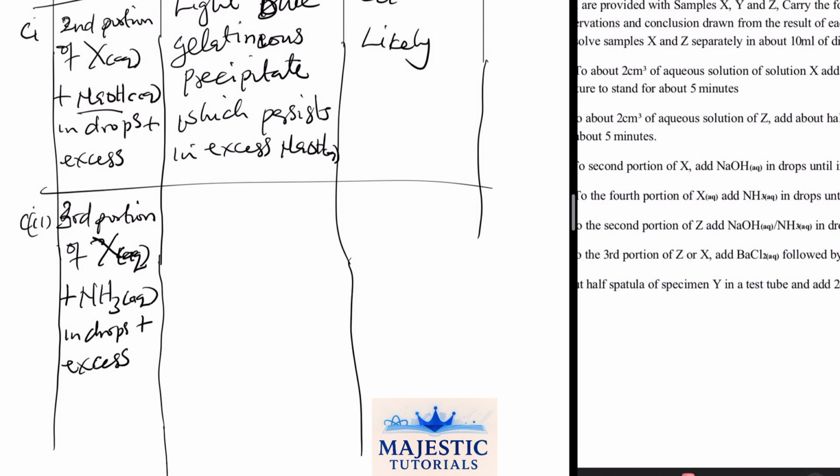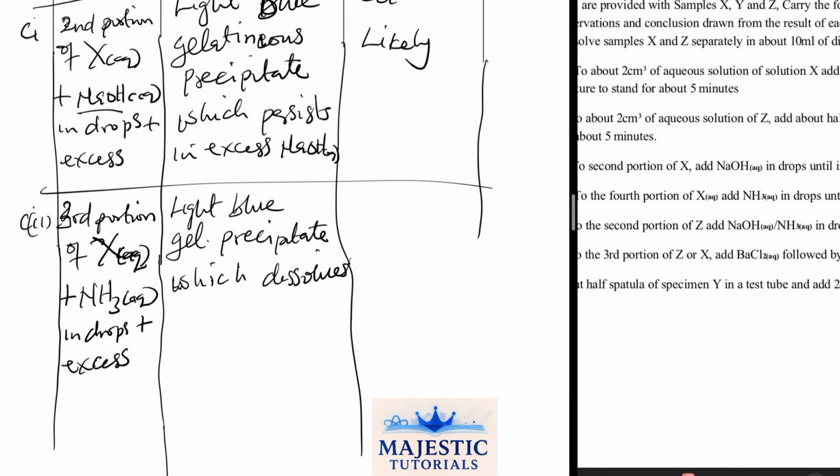So what will it be here? It will tell us that there will be formation of a light blue gelatinous precipitate. This time around, which dissolves, it will no more persist, it dissolves in excess to form a deep blue solution.